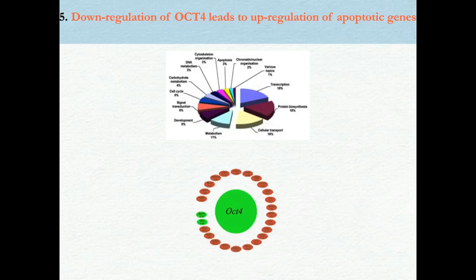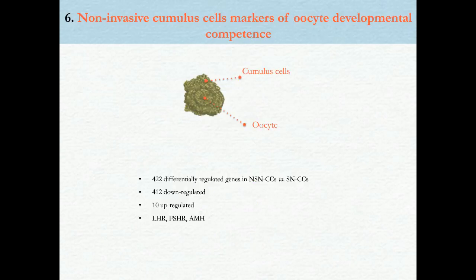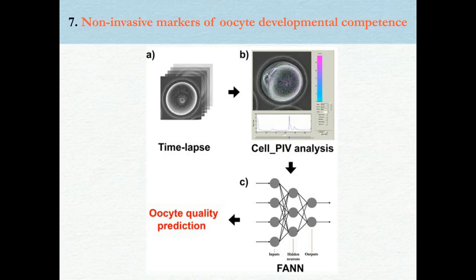The analysis of gene expression in the cumulus cells surrounding the oocyte could be a good non-invasive marker to distinguish between competent and incompetent oocytes. And finally, the analysis of the cytoplasmic movements occurring during the maturation of antral oocytes to metaphase 2 is a non-invasive marker of oocyte developmental competence.